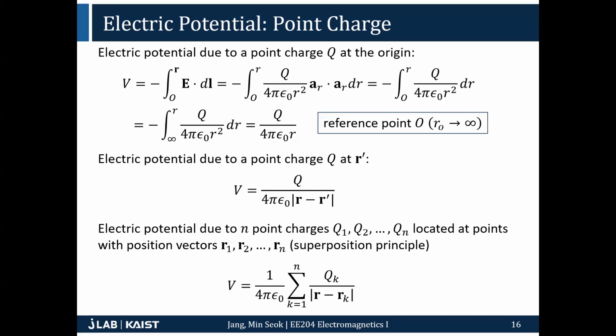And because V is an integration of the electric field, it's always important to set the reference, right? When you do the integration, there is a degree of freedom of the constant C, right? You can choose. So in order to define V in a proper manner, you always need a reference point.